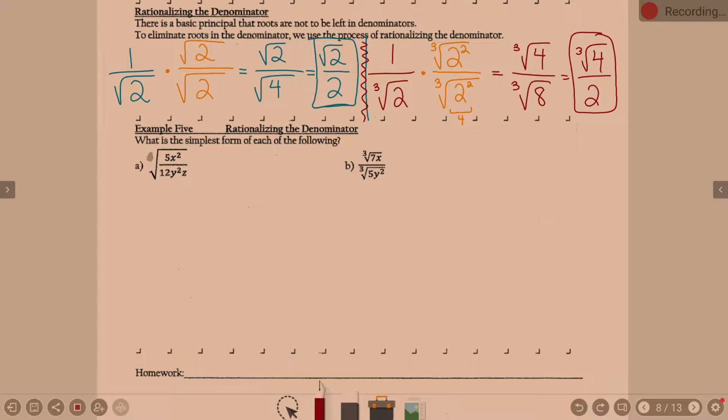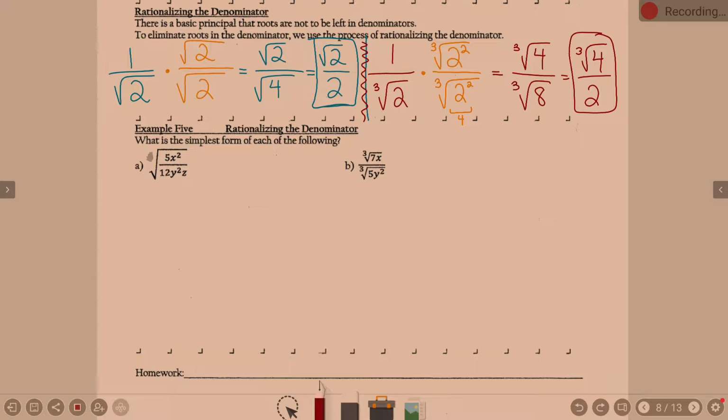Something I probably need to address, I just realized. On both of these answers I just did, I stopped here because this is a final answer. Why am I not reducing 2 over 2 and 4 over 2? Because they don't have the same thing. Yeah. This is a square root of 2.